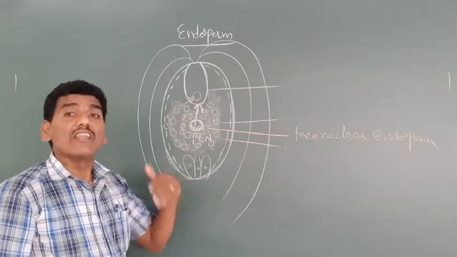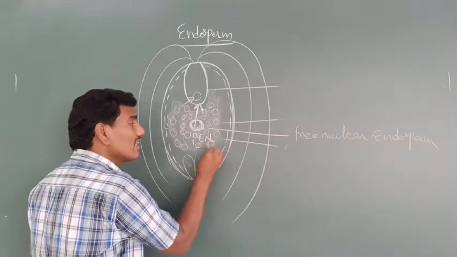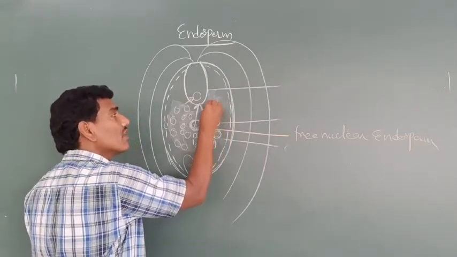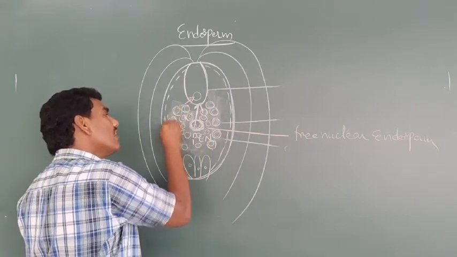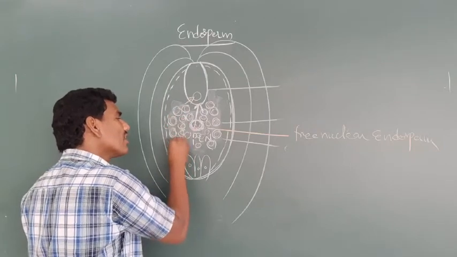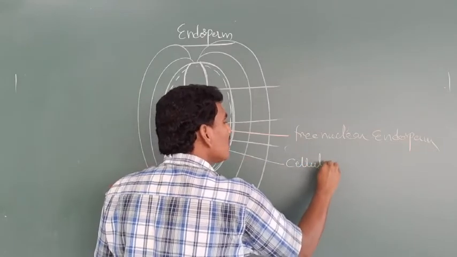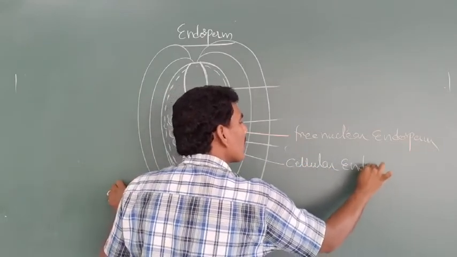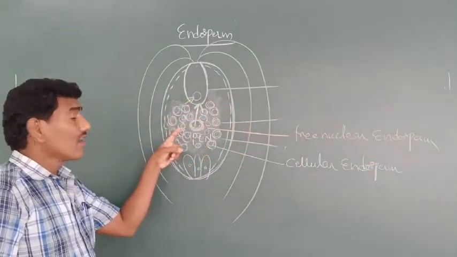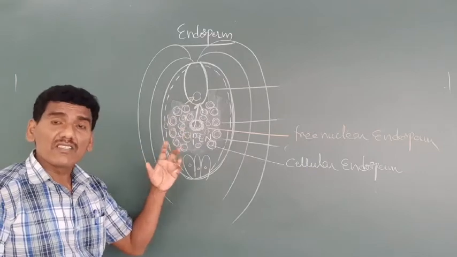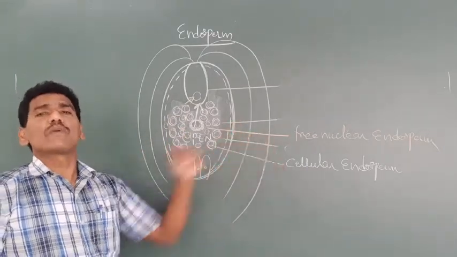Later, subsequently, the cell wall is formed and the endosperm becomes cellular. Surrounding the nuclei, the cell wall is formed. That's why it is called cellular endosperm.